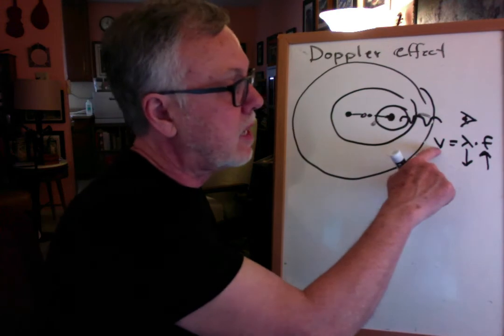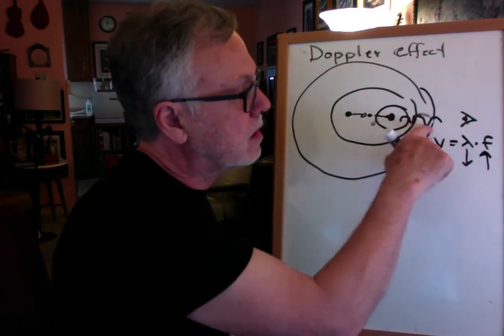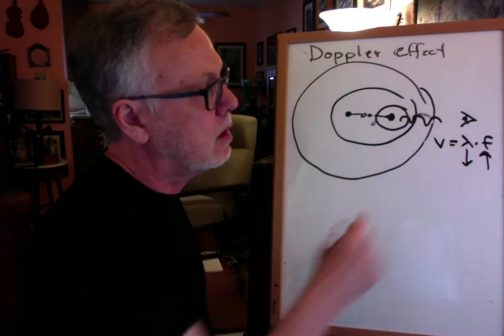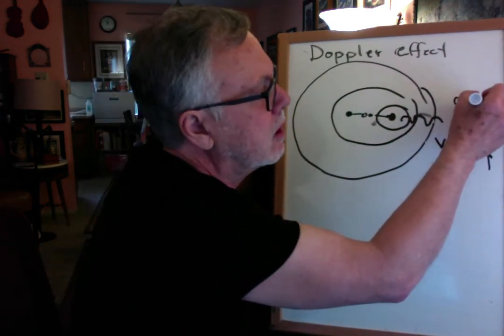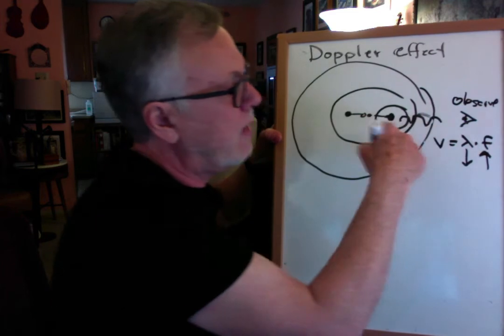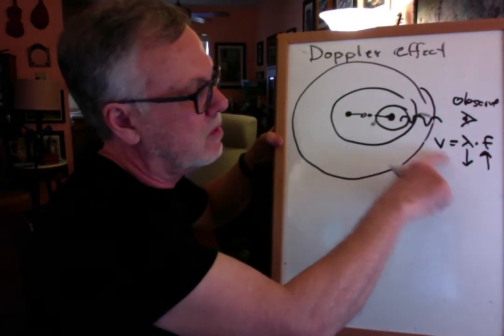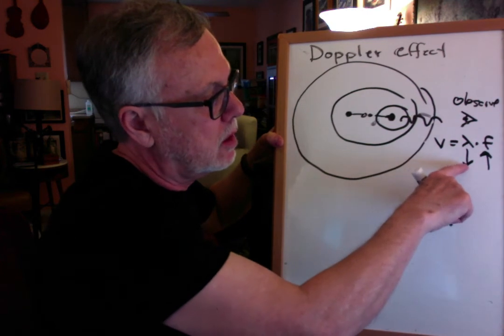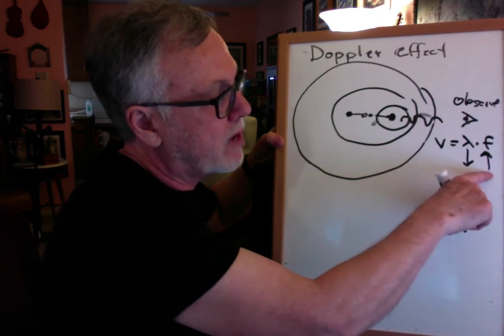So that stays the same. So if the wavelength gets smaller, because as I move towards the observer, and this is the observer, the wavelength becomes smaller because of my motion in that direction toward the observer. My wavelength is small, my frequency must get bigger.